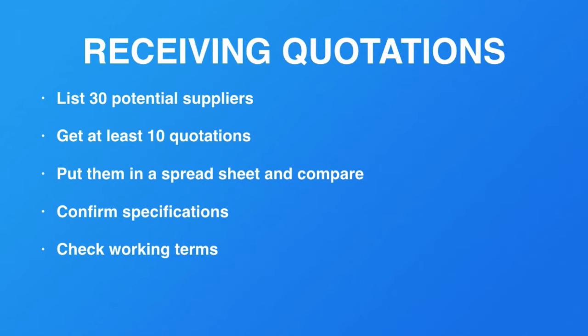So make sure that you check the working term, or the payment term, etc. Then once you put them in a spreadsheet, you want to pick the top 3 suppliers that you have really good communication with, and you kind of have that butterfly in your stomach and think, okay, this is somebody I can work with. Let's go and test that out.